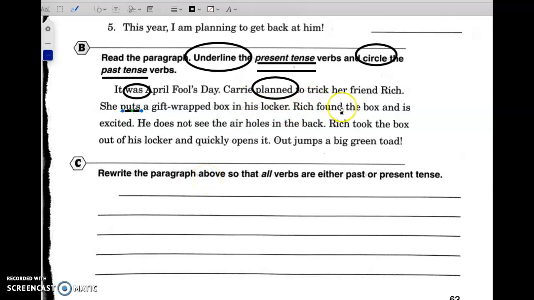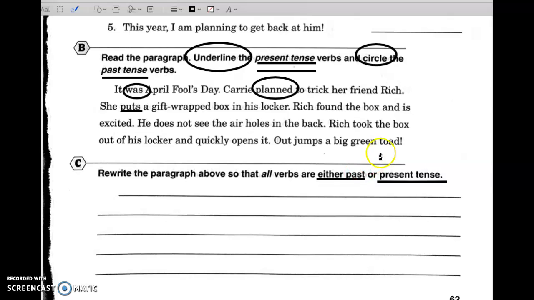You have to do the rest of the sentences in the paragraph, underlining the present tense and circling the past tense verbs. That way, in part C, you're prepared to rewrite the paragraph above so that all verbs are either past tense or present tense. You need to determine what tense you want to write it in. It can be either one.